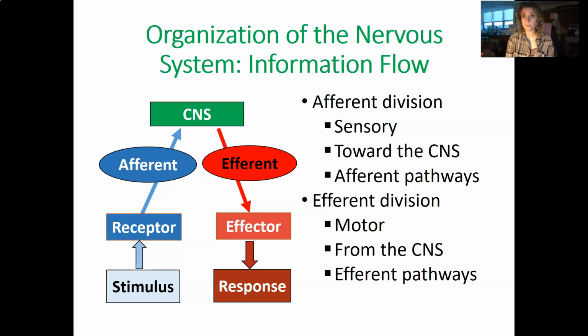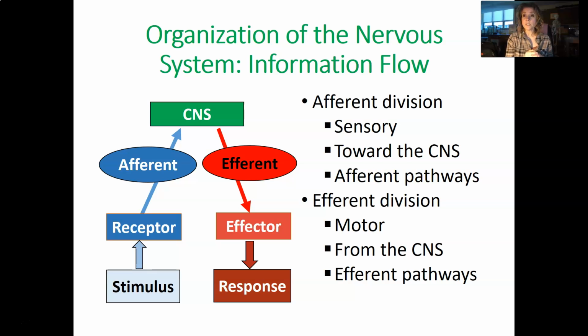And so if you take a look at our flow chart here, a stimulus is going to be sensed by a receptor. The receptor is going to send this sensory input via the afferent pathway to the central nervous system. The central nervous system is going to integrate and process the sensory input and create some kind of a response.